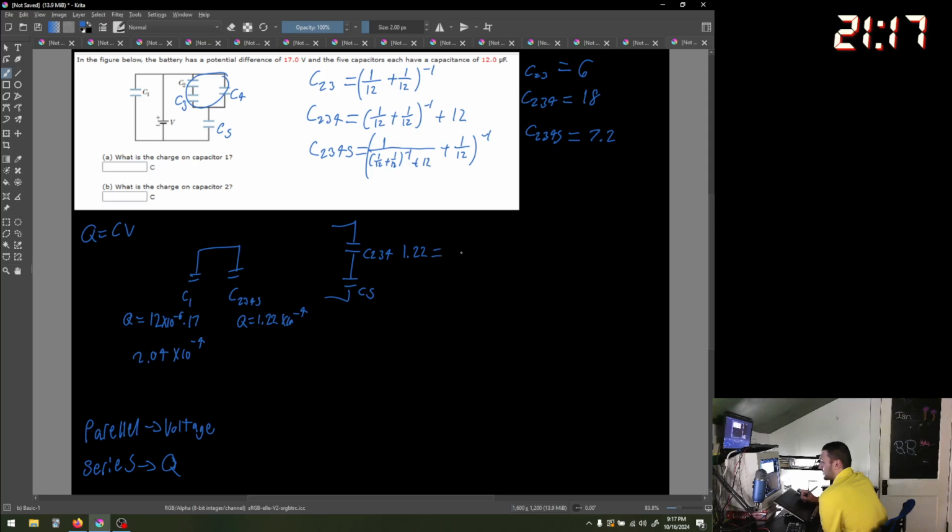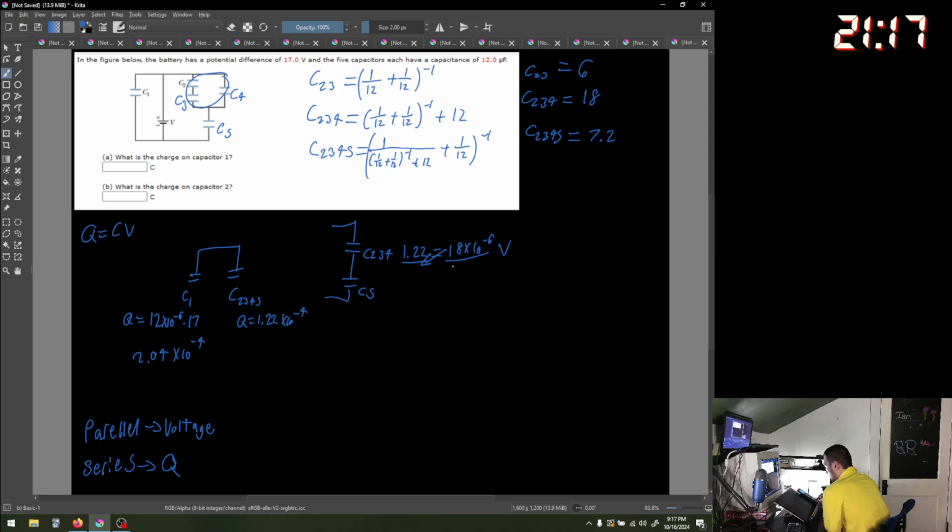It is going to equal, we know the C equivalent here is 18 times 10 to the negative 6th. We don't know the voltage. So we divide both sides by 18.